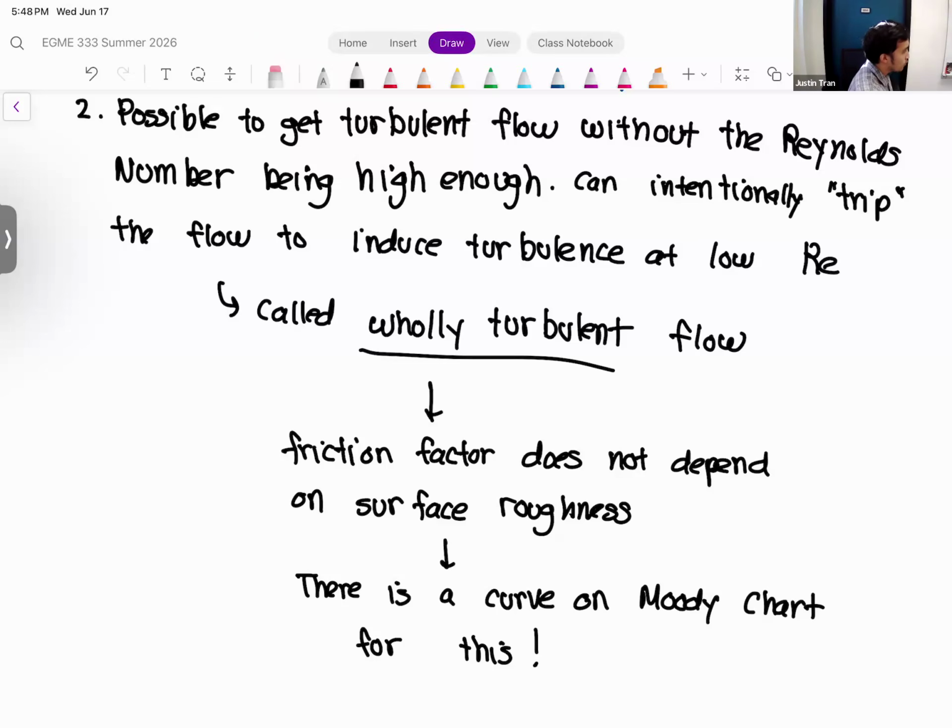If you want the performance of your system to be independent of that corrosion process, then maybe you think about intentionally tripping turbulence so that your performance is more consistent over the years, in this wholly turbulent regime, instead of having roughness change with time and moving up the Moody chart, which would require more and more maintenance.